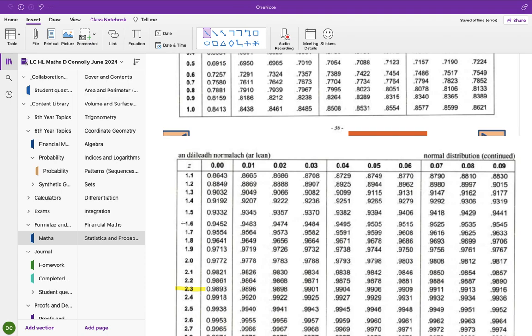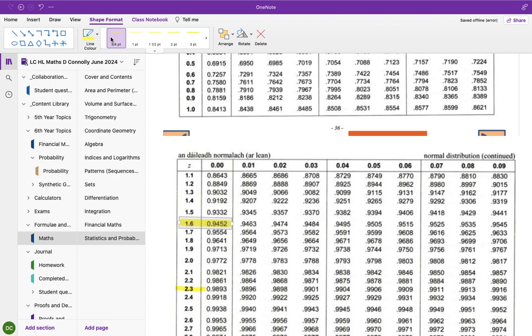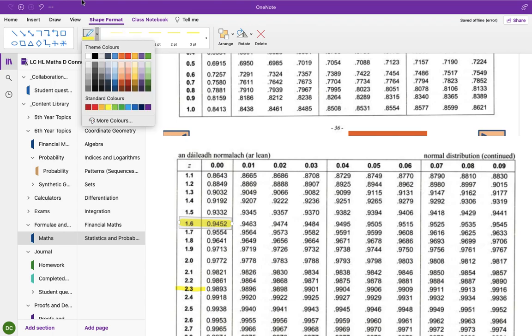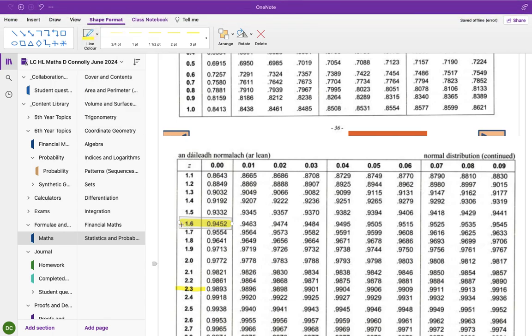It's there. It's just 1.6, so 1.6 is 1.60. So we go across from there and then down from there, which gives us 0.9452.